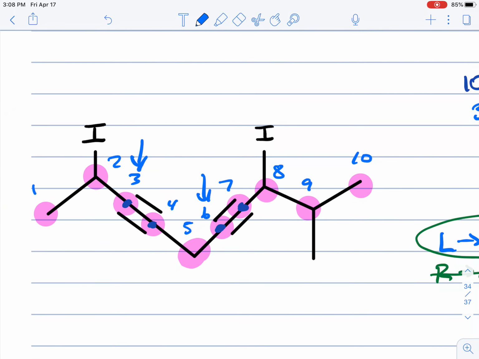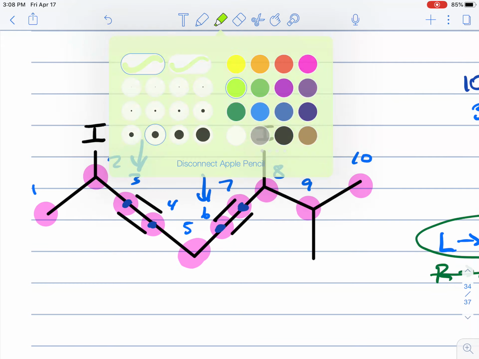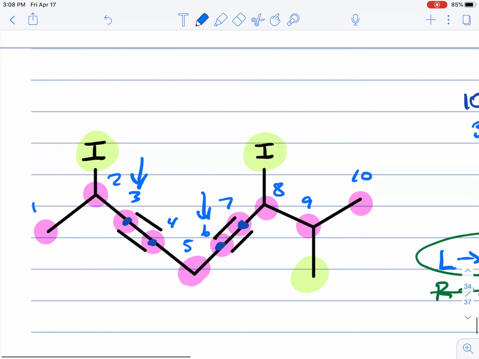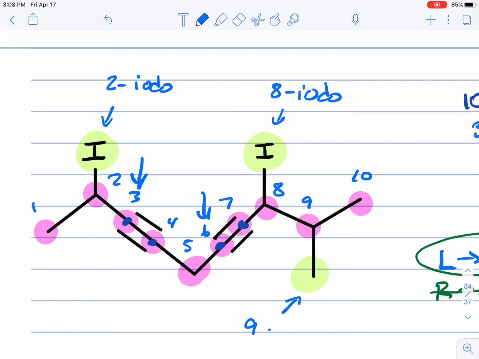The last thing I need to do is describe my substituents and where they're located on the parent chain. So I have 1, 2, and 3. Here I have a 2-iodo, and I have an 8-iodo. Last but not least, I have a 9-methyl.